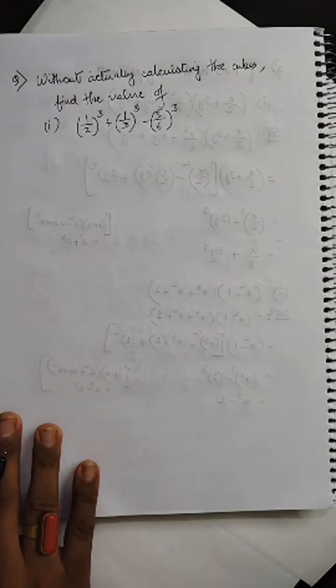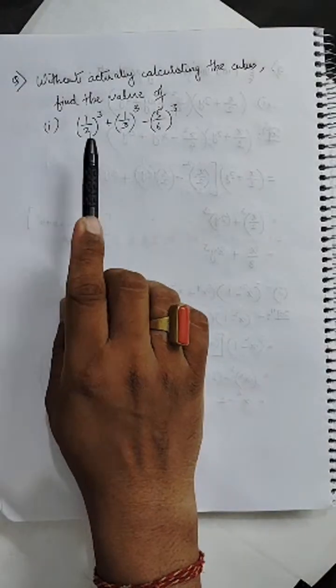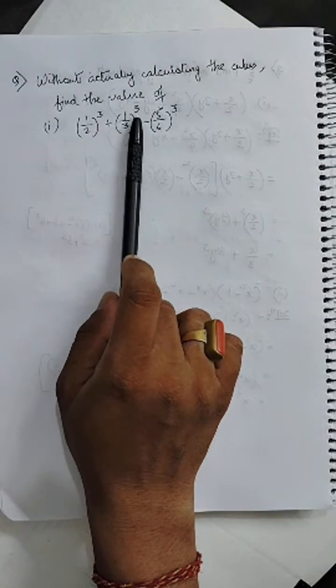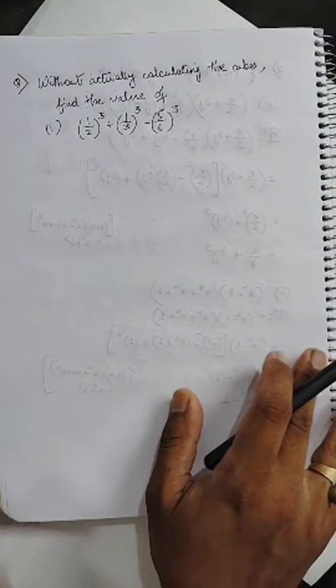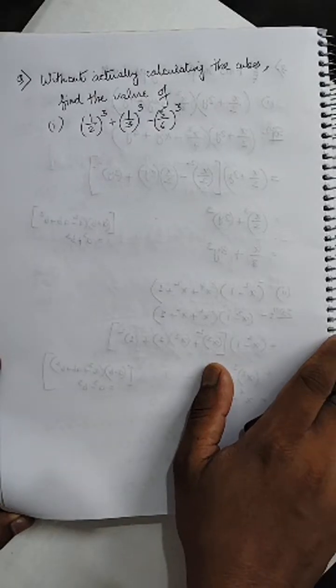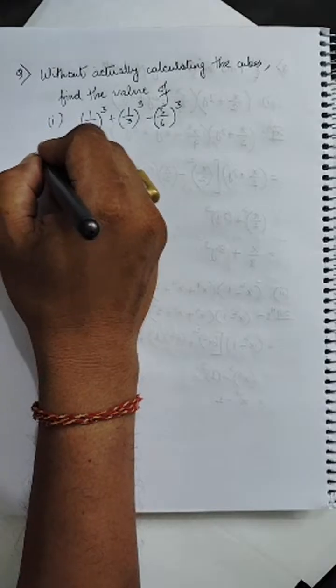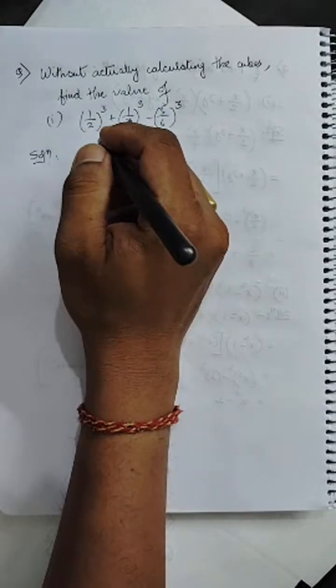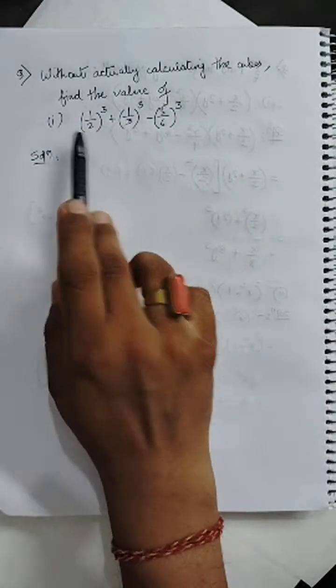Okay. So it is strictly specified in the question: without actually calculating the cube. So we cannot just calculate 1 by 2 whole cube plus 1 by 3 whole cube. We will have to use a proper identity to solve this. So what we'll do, we will assign variables to each of these.